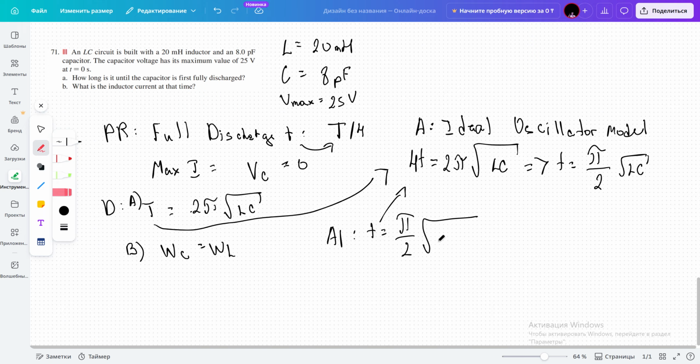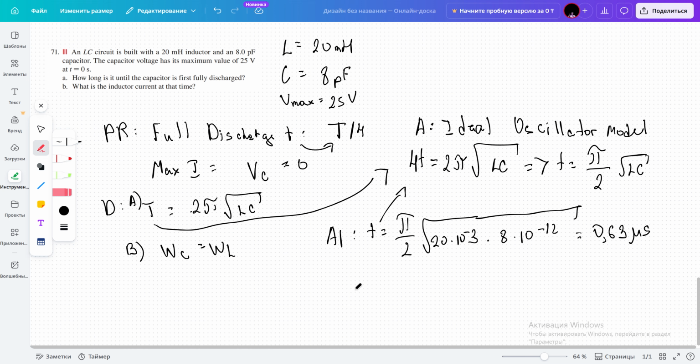For L we'll use 20 millihenries, and for capacitor we'll use 8 picofarads. If we calculate this, we get 0.63 milliseconds.